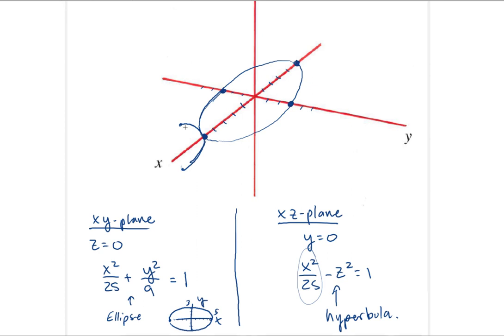And then I can do the same thing, but I'm going to try to parallel the x-axis. So here I went up that much, over that much. So I'm going to try to go up that much, over that much as well. So this is going to be something like that. And I went down that much, over that much.